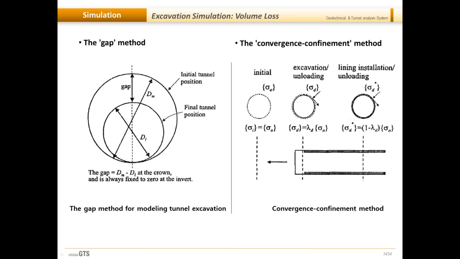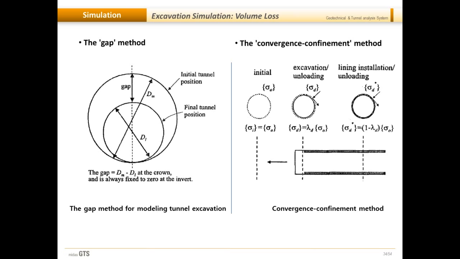Then the next approach is the convergence confinement method. Now in this, we don't induce a void per se. What we do is, due to the excavation, there will be loss in the stresses, there will be unloading. So what we do is we activate the lining at the given location, and then we apply a factor called lambda here, and the value of this lambda goes from 0 to 1.